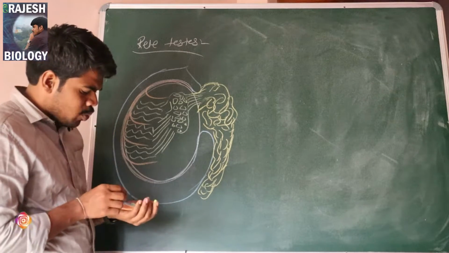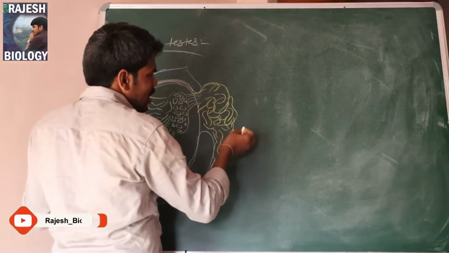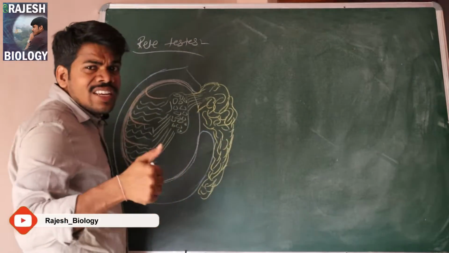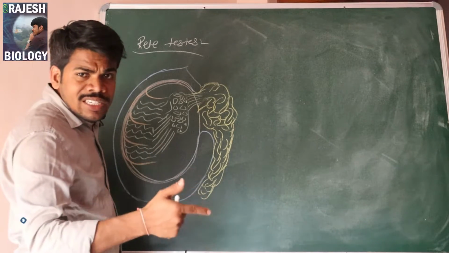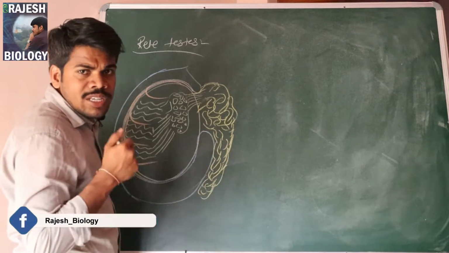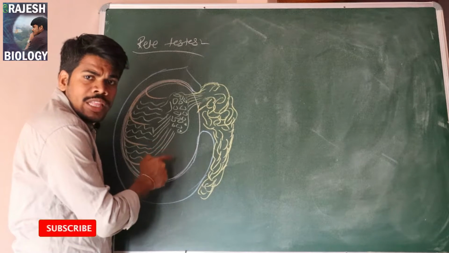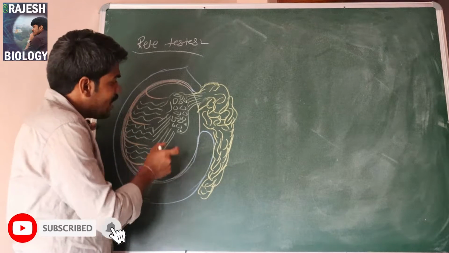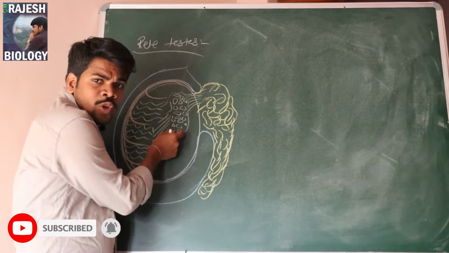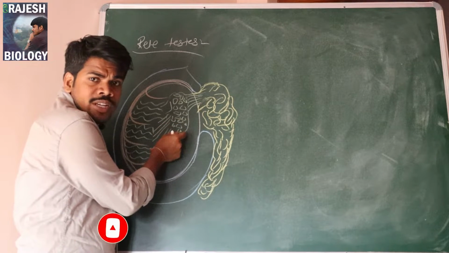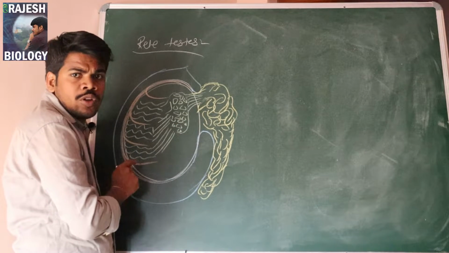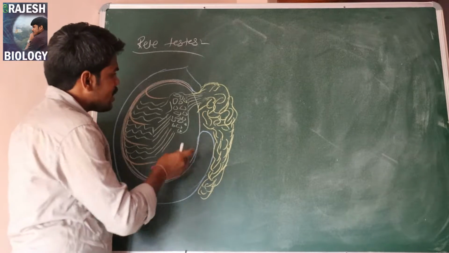Very important. So many students get confused. What is rete testis? What is the testis? What is mediastinum testis? Testis is the primary sex organ which is located in the scrotal sac. Rete testis is the network of tubules which receive sperm cells from the seminiferous tubules. Come to the mediastinum testis.